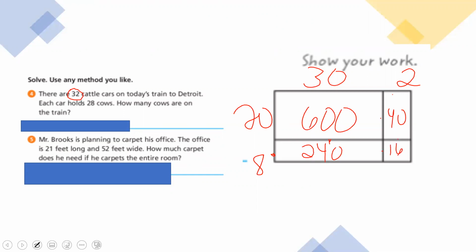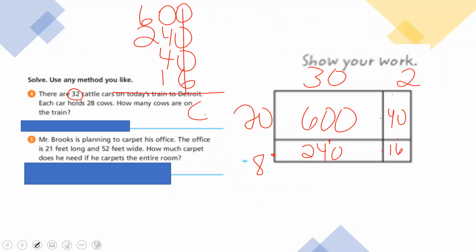Now all we have to do is add up all those numbers. So we have 600, 240, 40, 16. This row over here is 6. This row over here is 9. And this row over here is 8. So how many cows are there? Moo! 896 cows.